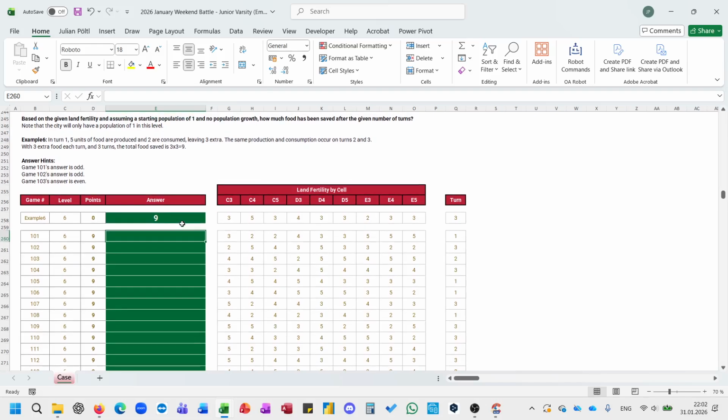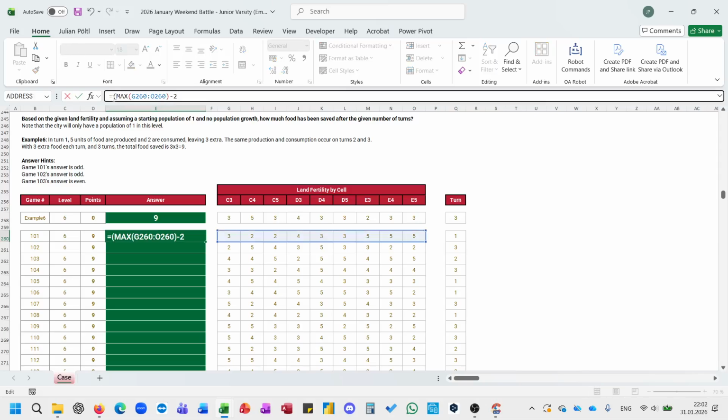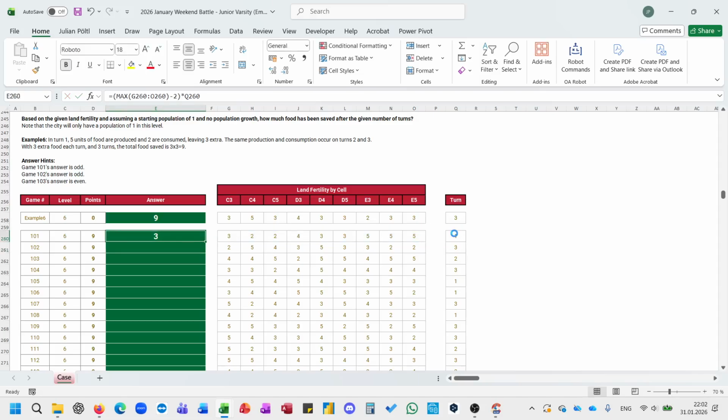So equals LARGE. Oh no, equals MAX minus 2 times the number of rounds. Yeah, makes sense. Odd, even, yes.